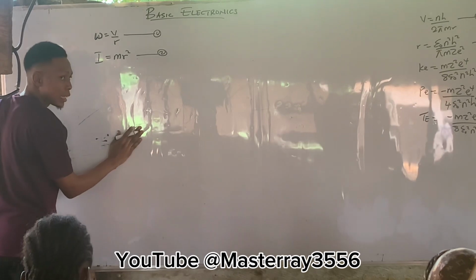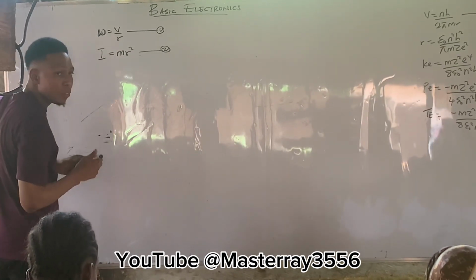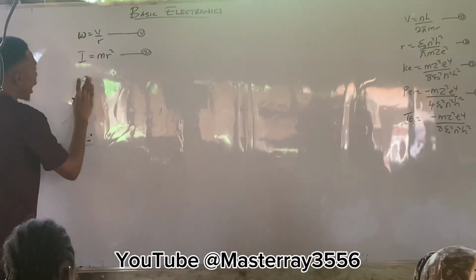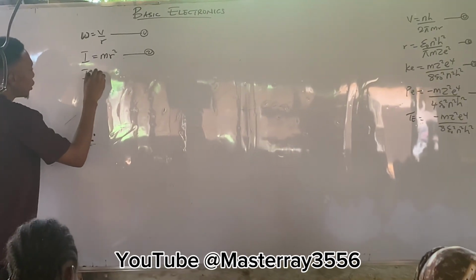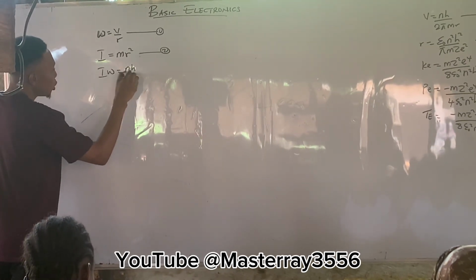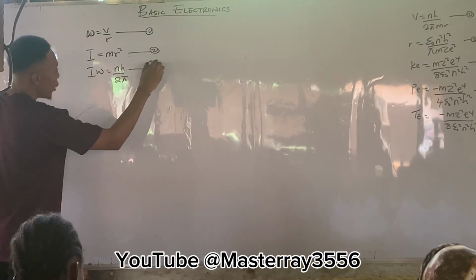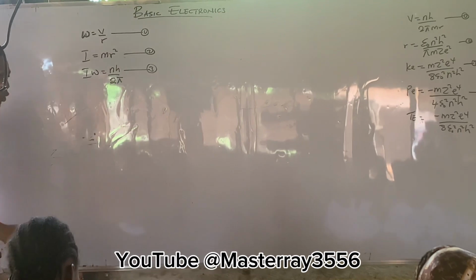Please no noise. You also have moment of electron around its orbit. Is IW equals nh over 2pi. Call this equation 3, stating the angular momentum.